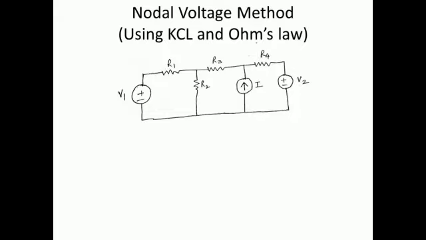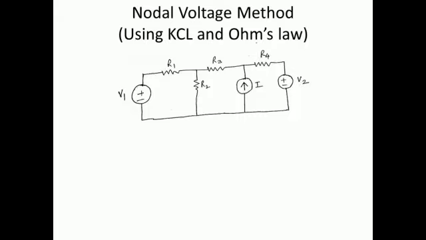Step 1: identify the nodes and set the node having maximum connections, and which is also connected to a voltage source, as the common node, or what we call the ground reference.